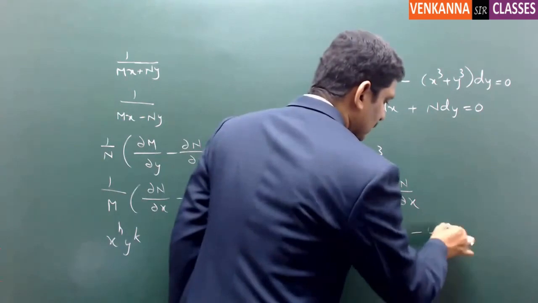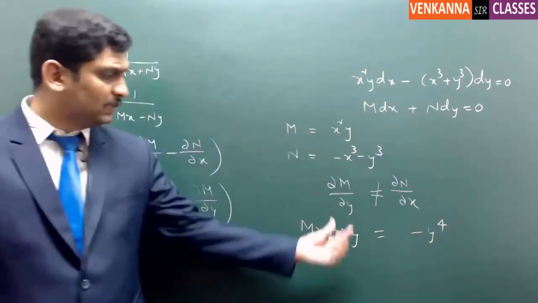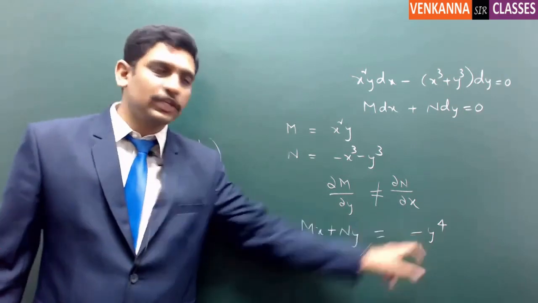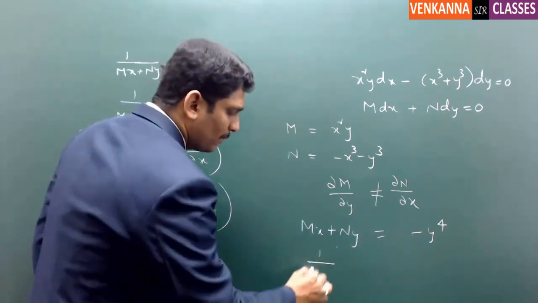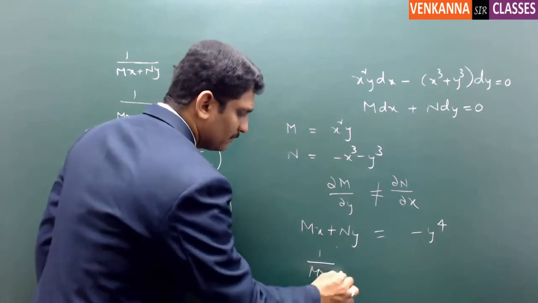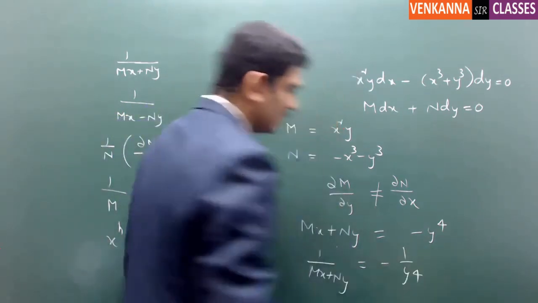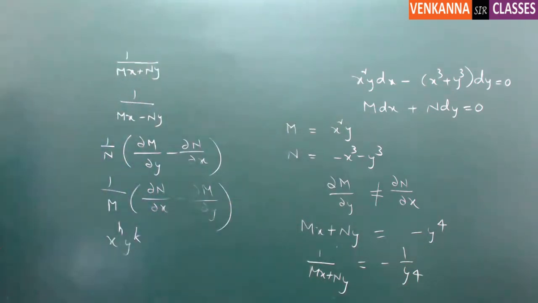The value is minus y power 4. Since the value exists, it is not equal to 0. So 1 by mx plus ny, nothing but minus 1 by y power 4, is the integrating factor.